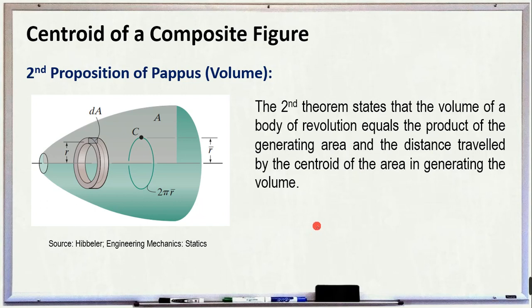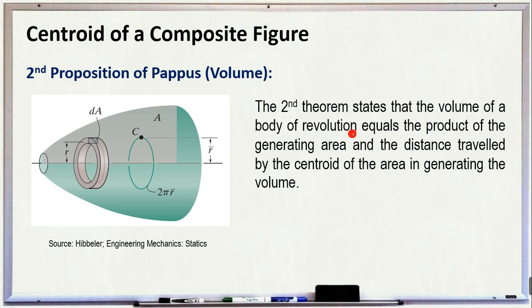For the second proposition of Pappus, it talks about the volume that is being generated from a given area. So lahi siya sa first. Ang first is ang line girotate in order to generate a surface area. Here, ang area, the entire area is rotated in order to generate a volume.